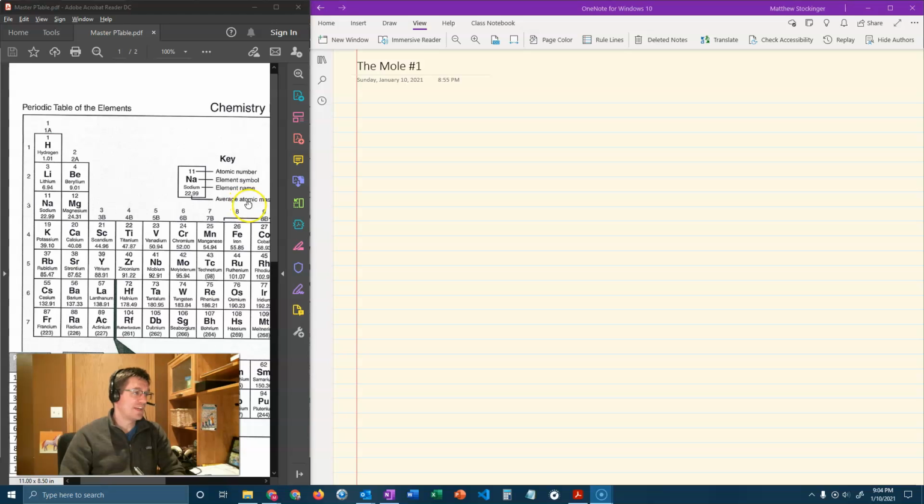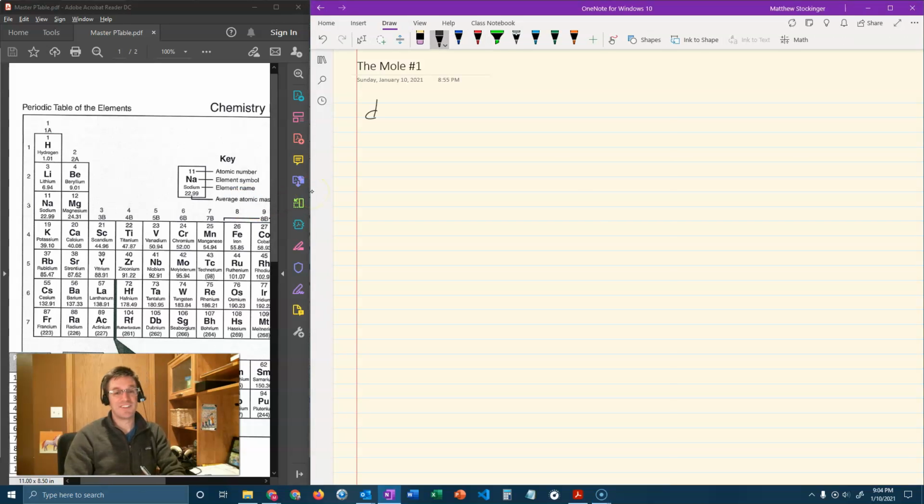So, as we've already learned, a mole, it's a number. Definition. It's a number. Typically we use this number to count atoms, but it's just like a dozen. A dozen is 12, a ream of paper is 500.